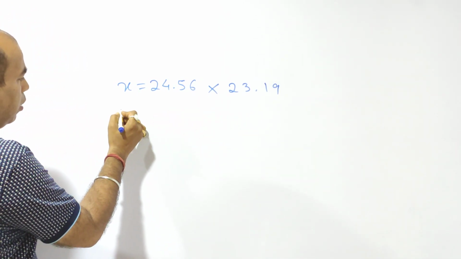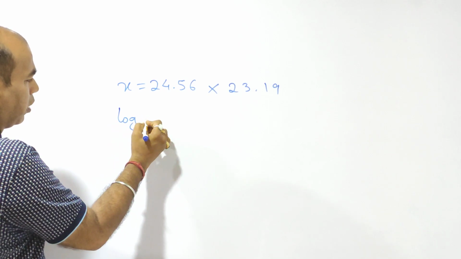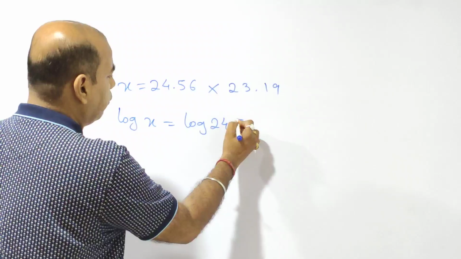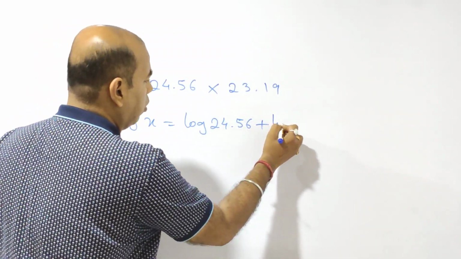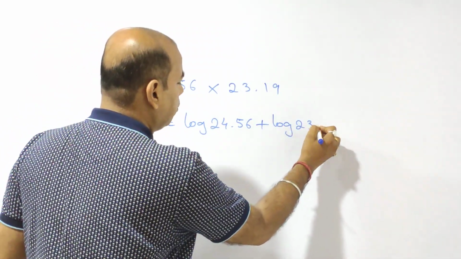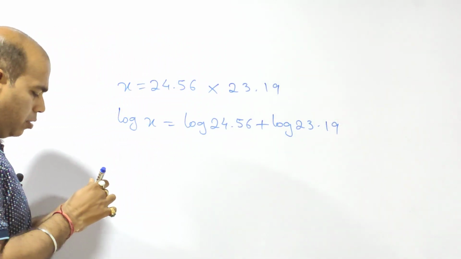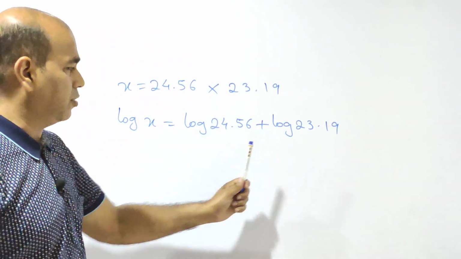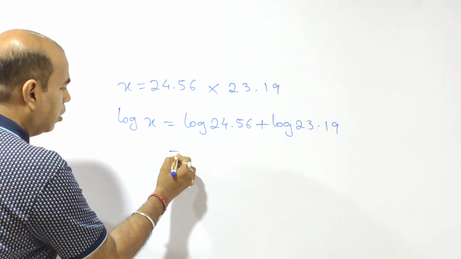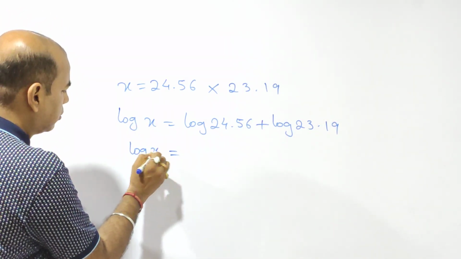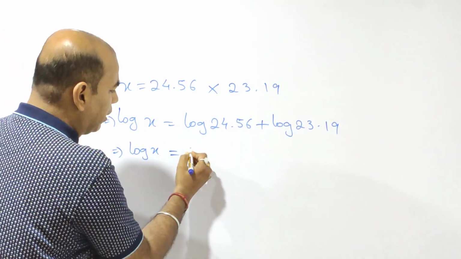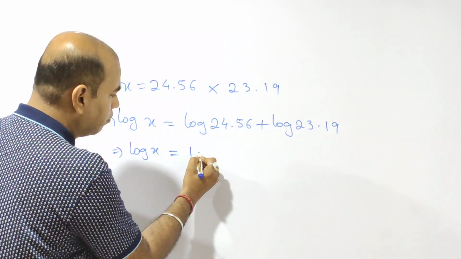Taking log both sides, I will take log x equals to log 24.56 plus log 23.19. So very simple, if I take log, multiplication changes to what? Addition. Now my next work, log x, this is 24.56, so my characteristic is 1.